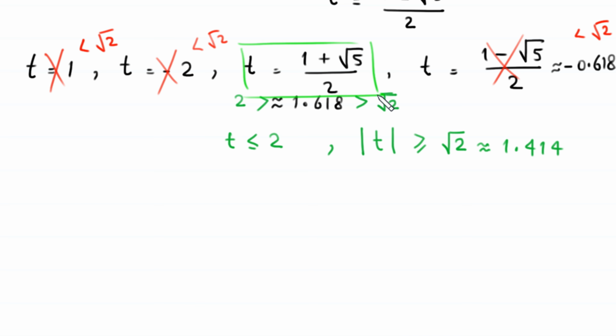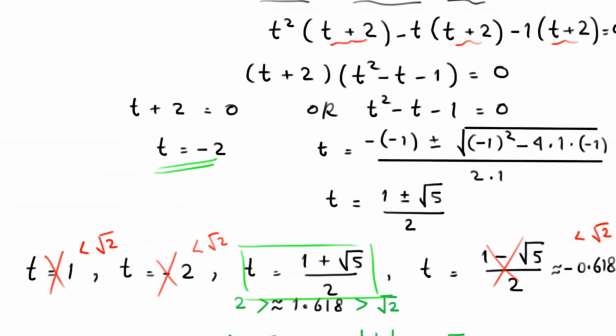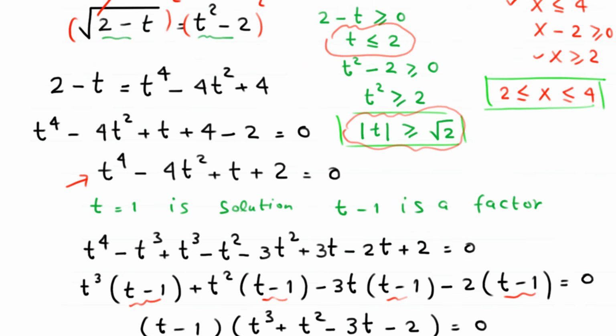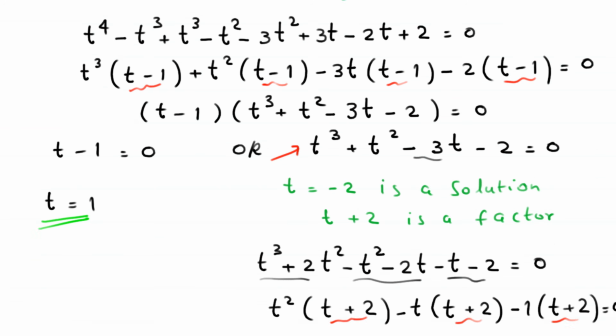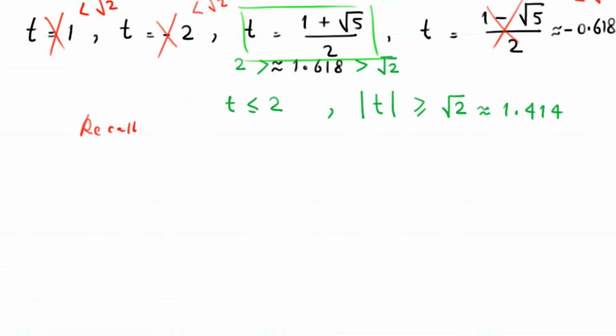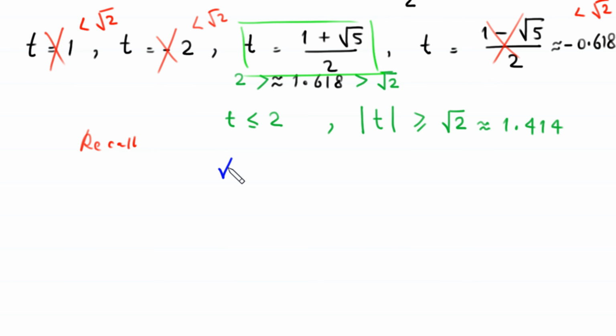Now to find the value of x, recall that we have supposed that root x is equal to t. So this will become root x equal to this value of t, 1 plus root 5 divided by 2.